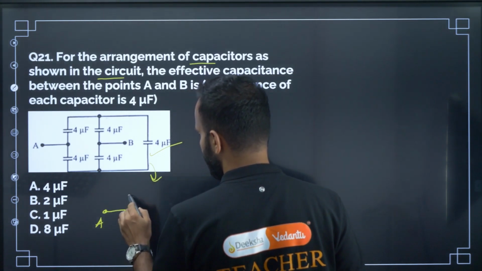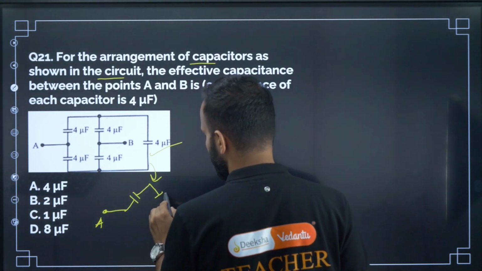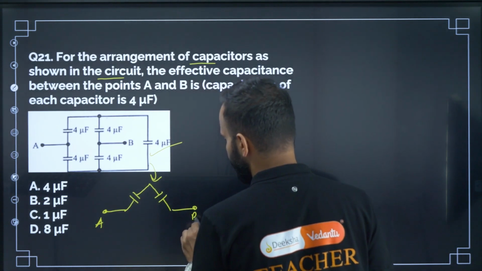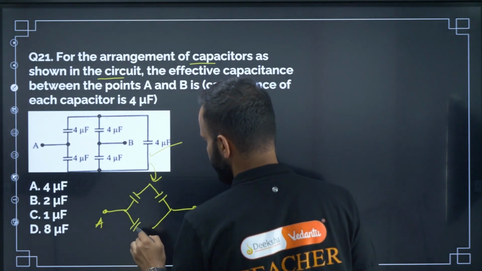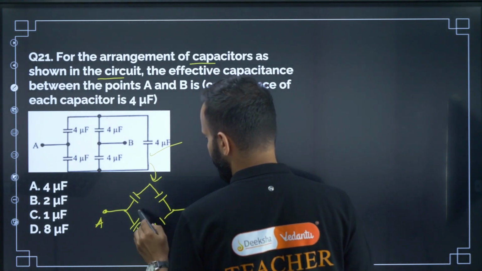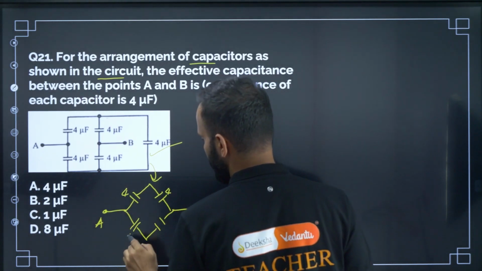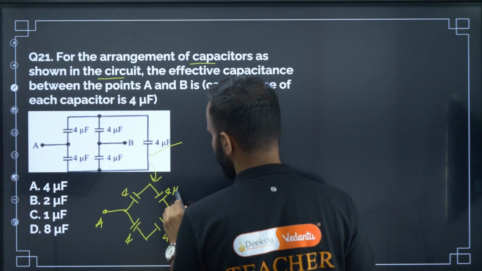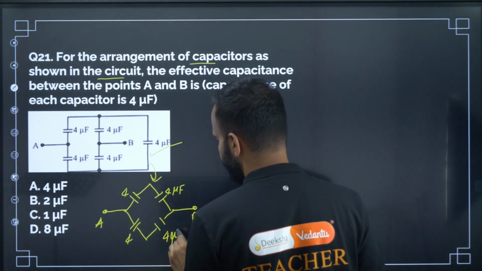So this is point A and then point B. All capacitors are 4 microfarad.